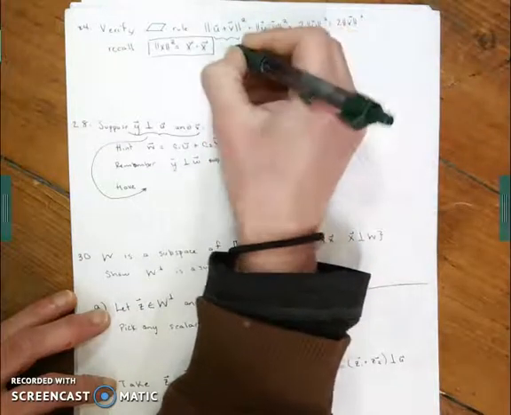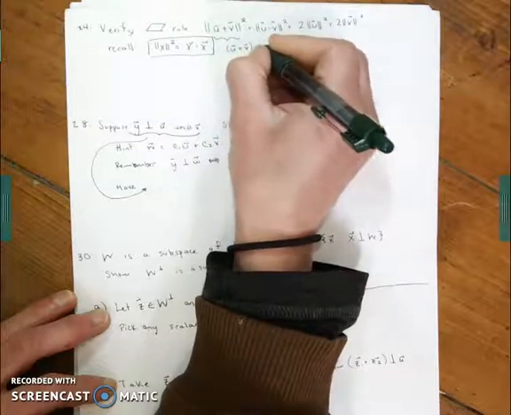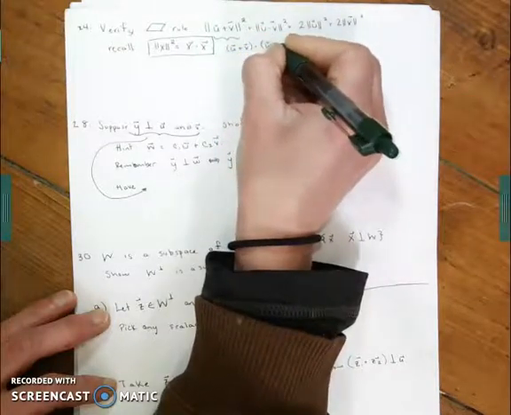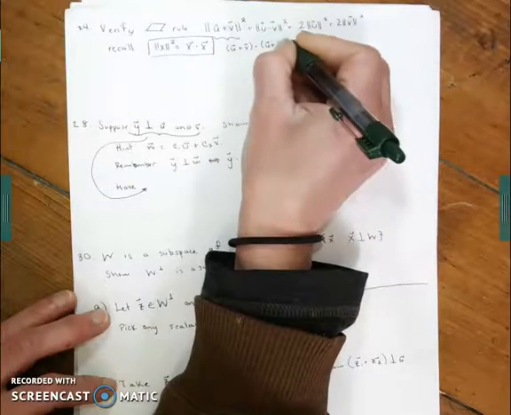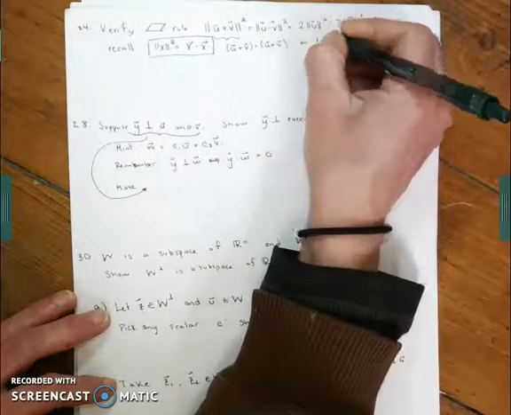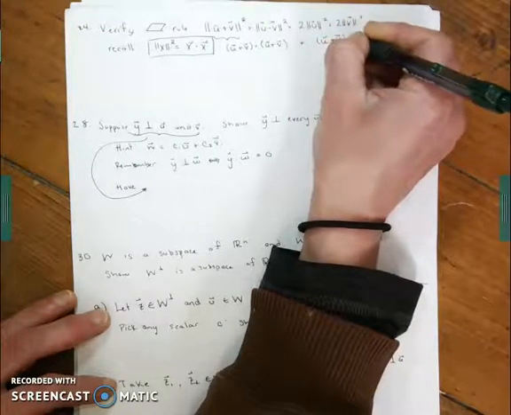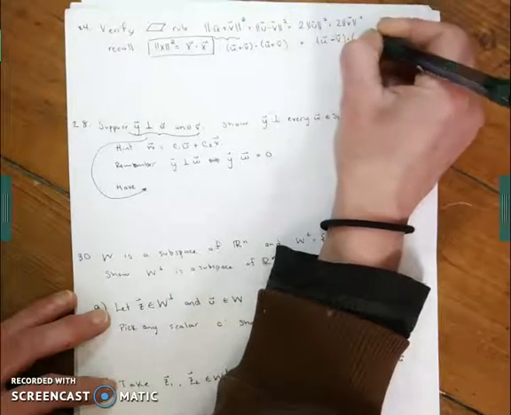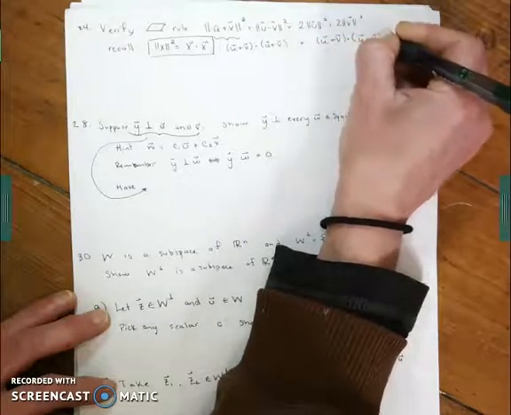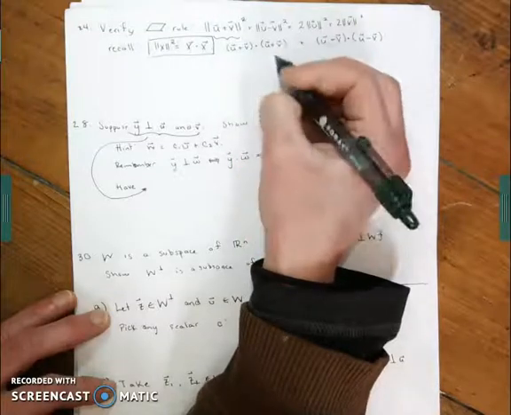So u plus v squared is going to be u plus v dot u plus v. And u minus v squared is going to be u minus v dot u minus v. Now I just use those properties of dot products.